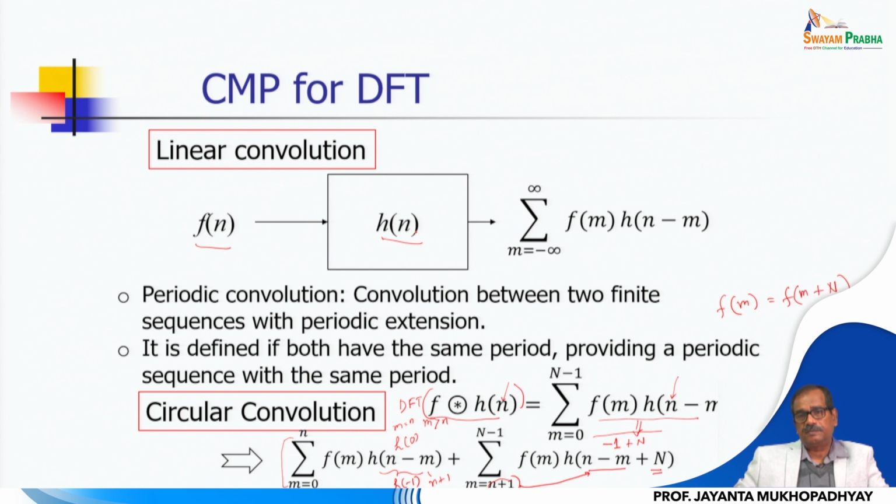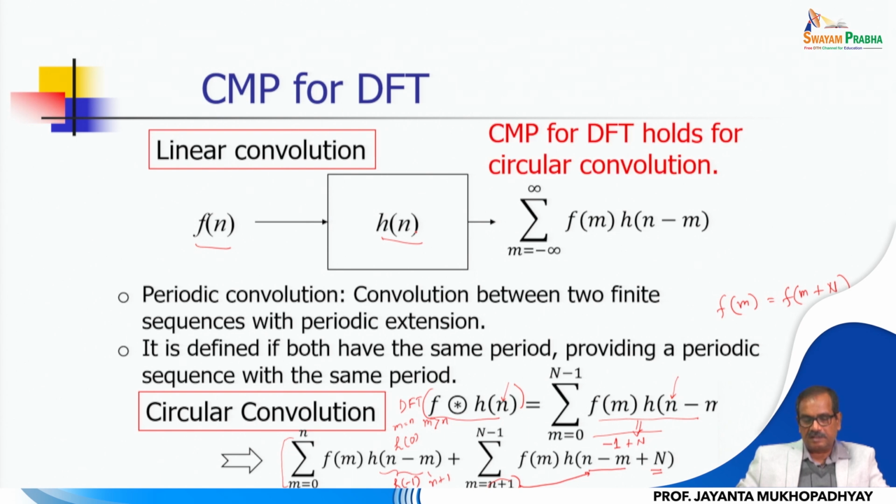Note that they are of the same length, so they are n point discrete Fourier transforms. So the CMP, or convolution multiplication property, for DFT holds for circular convolution.